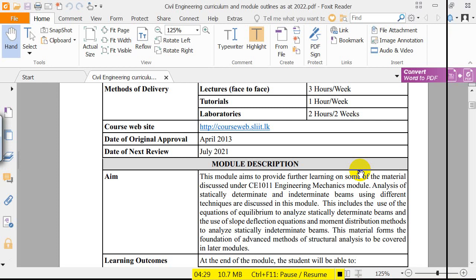However, it is fundamentally important for us to know how to analyze a simple structure using manual calculations.